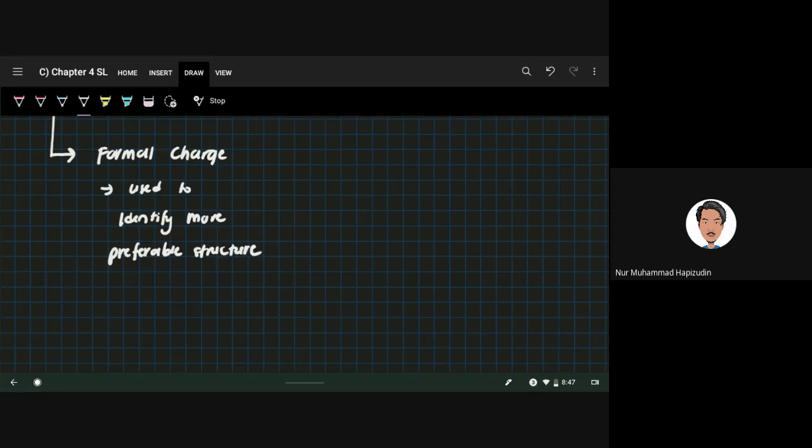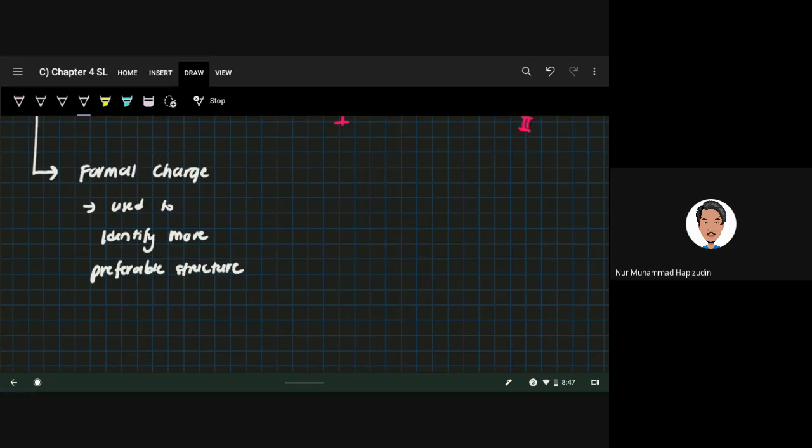Okay, formal charge is used if the molecule has more than one structure. More than one structure. Example, apa saya nak bagi Lewis structure sekejap. Okay, ada tak ada nota saya?